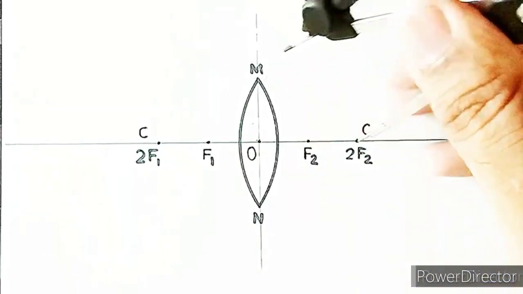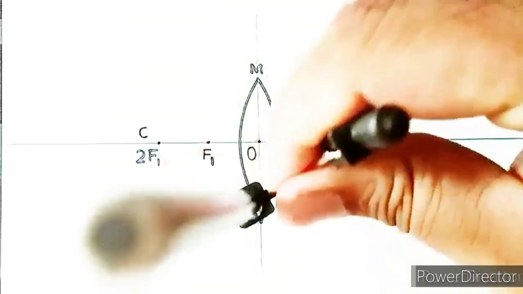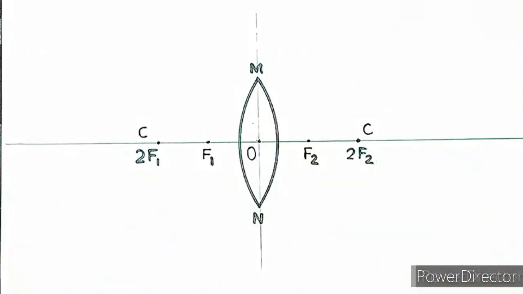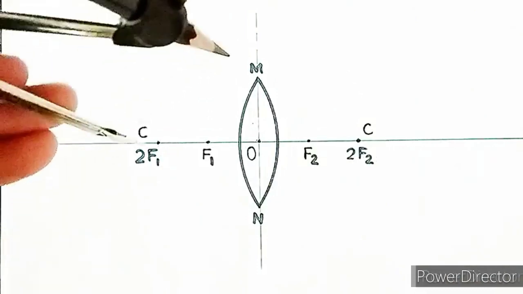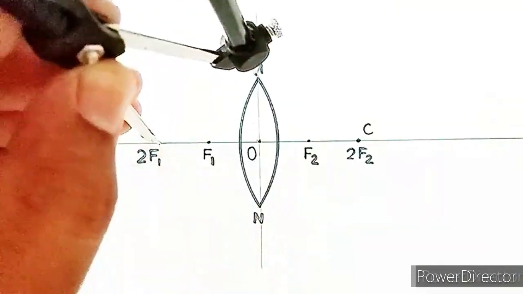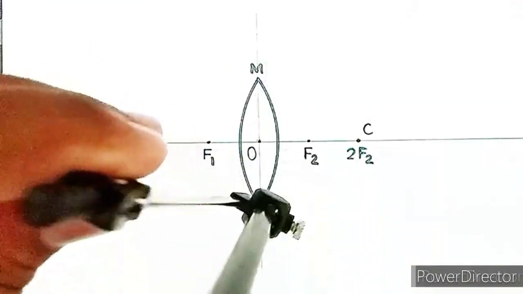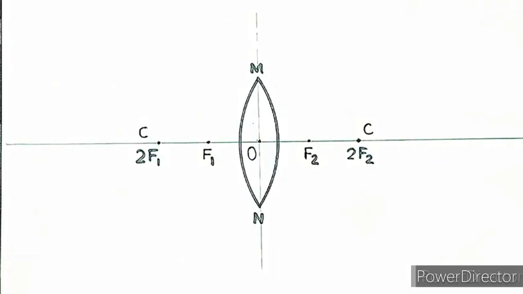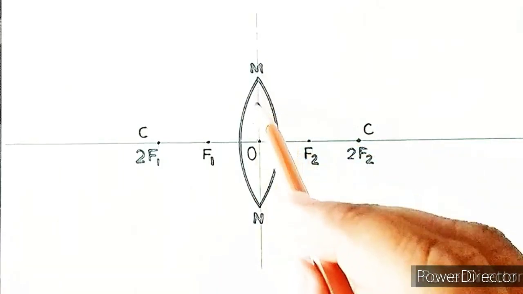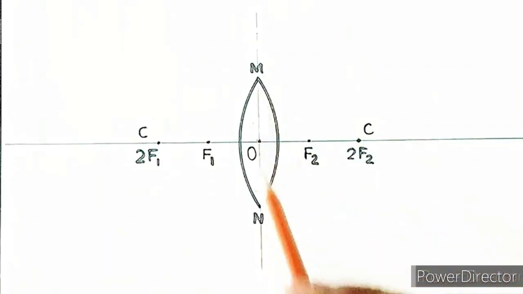Okay, your pointer here and pencil here, and draw the arc. And with the same measure you have to keep it at 2f1 and draw that arc. So your lens is ready. Or you can even draw this lens freehand, because the line of refraction will be this dotted line. We are going to consider this, not this.